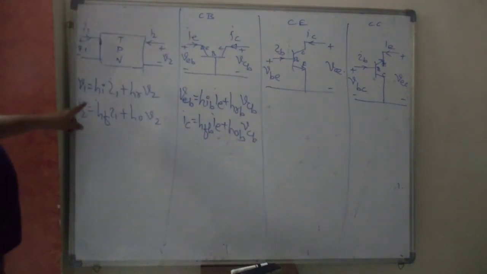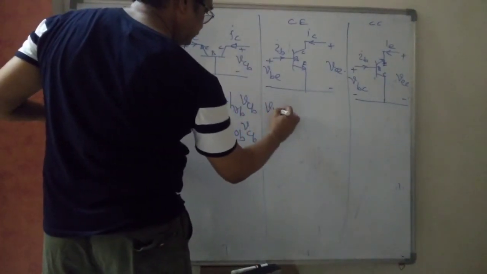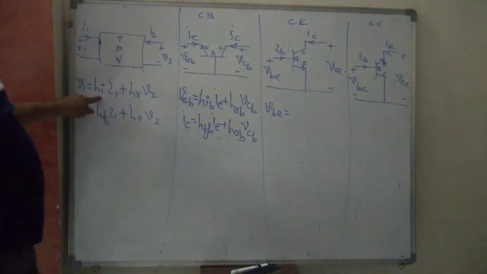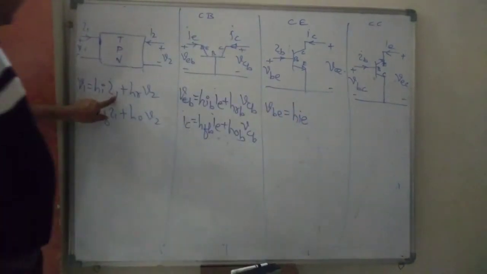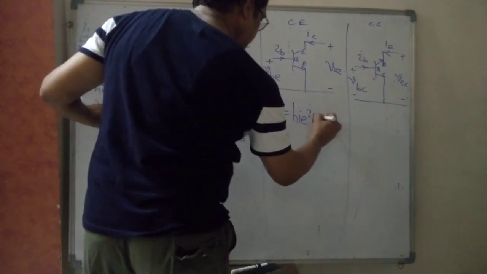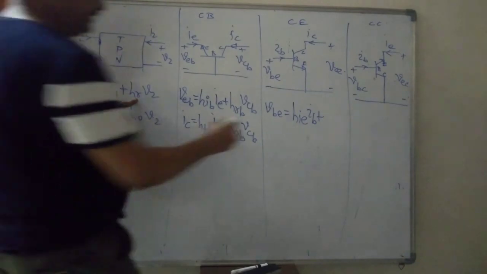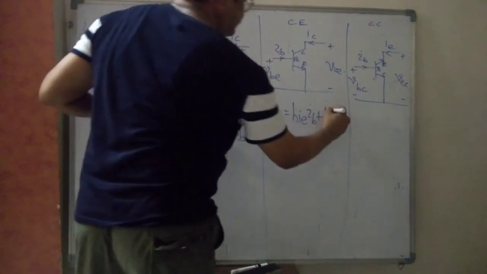Similarly for common emitter, in place of V1, there is VBE. In place of hi, it is common emitter, so hie. In place of I1, here it is Ib, plus hre, and in place of V2, here it is VCE.